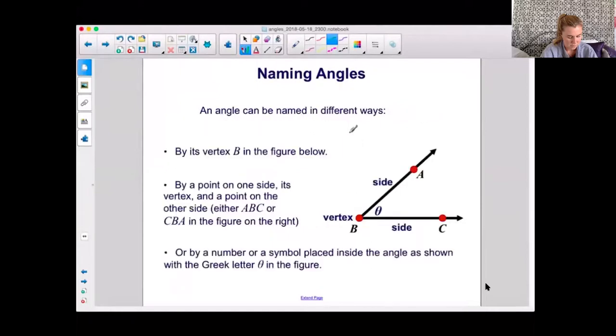An angle can be named in different ways. It can be named by its vertex B, as shown in this figure here. It can be named by a point on one side, its vertex, and a point on the other side. So in this example, ABC or CBA, the direction does not matter. It could also be named by a number or a symbol placed inside the angle, as shown with the Greek letter theta here.